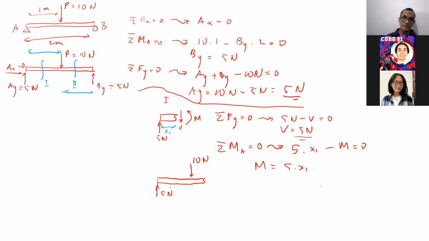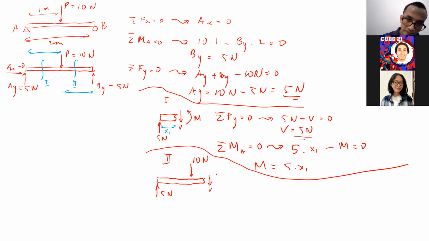This is our second cut now, Nela. Those are all the external forces, right? Yes, sir. How about the internal forces? I think it's the same as the first section. We have the shear and the moment, and the direction is the same as well. Yes, we have V and M.